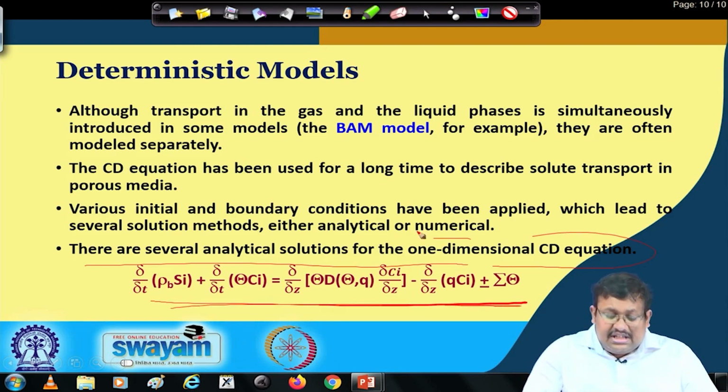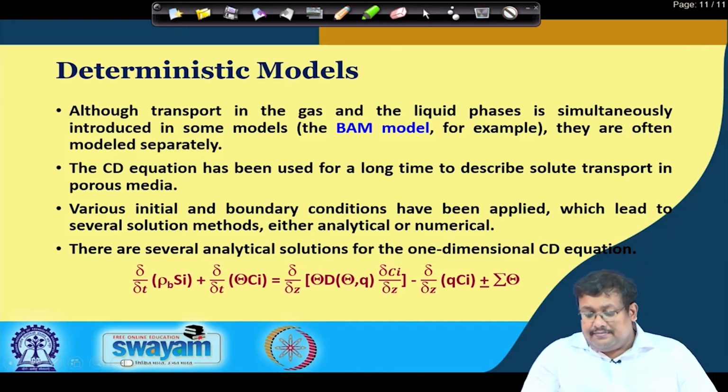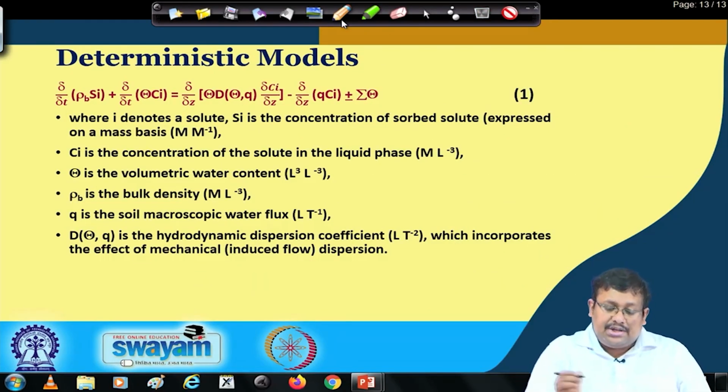So, in this CD equation, let us see what the individual terms are. In the equation of the deterministic model, the subscript i stands for a solute. Si is the concentration of the sorbed solute.